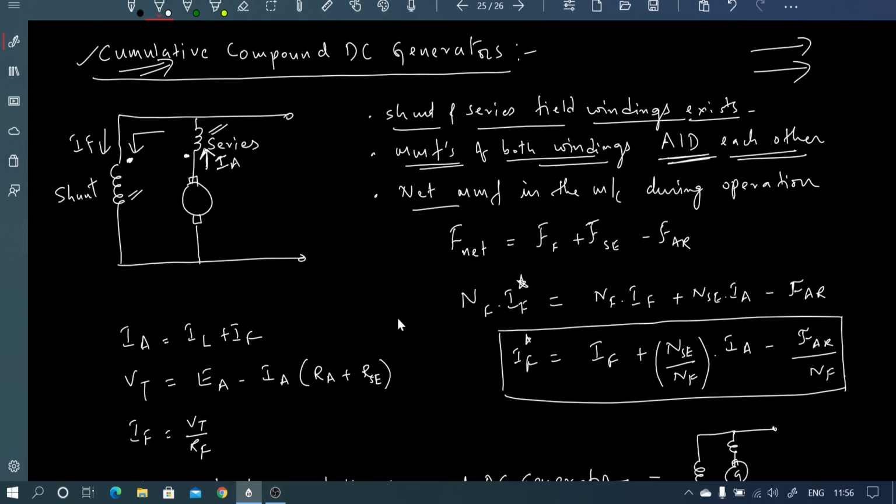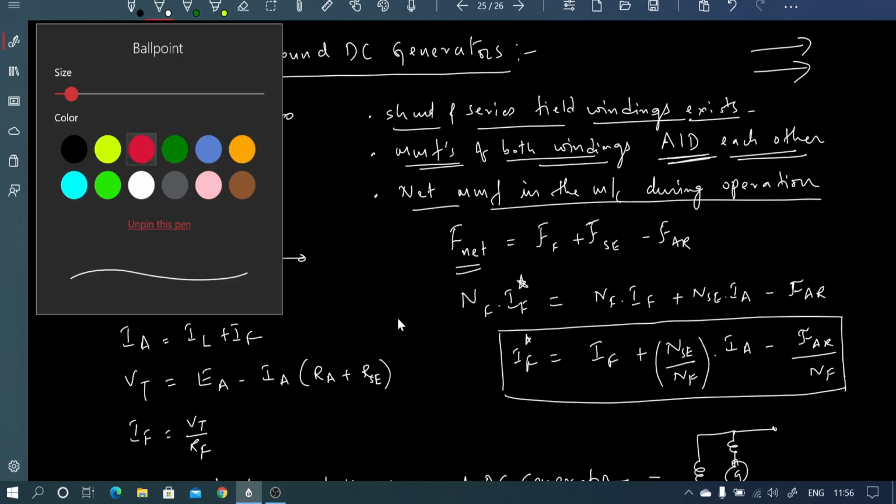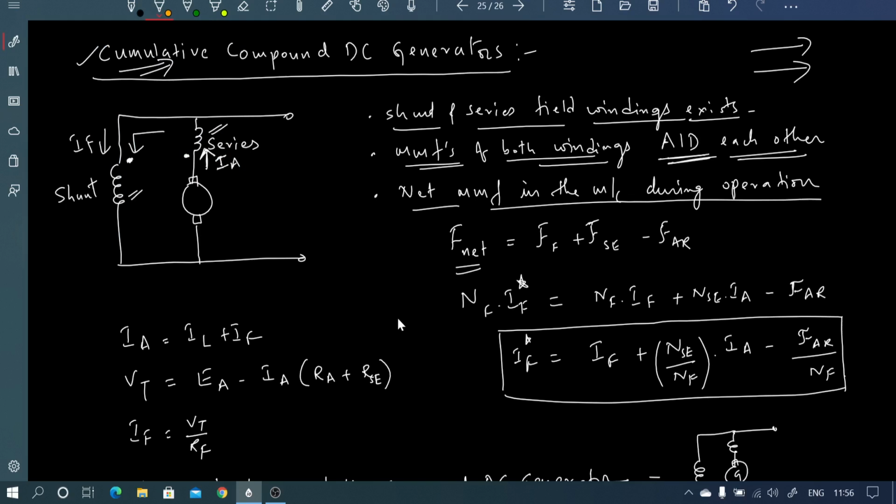The net MMF in the machine during operation is given by F net equals the shunt field MMF plus the series field MMF minus the armature reaction. Armature reaction is always subtracted.